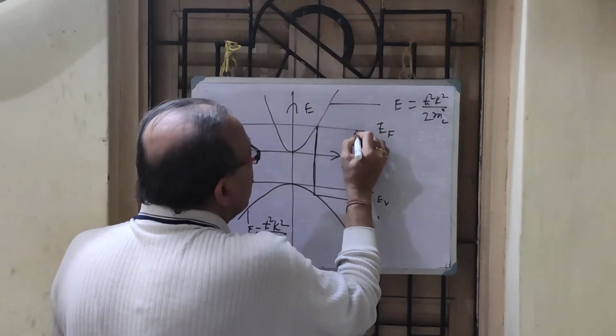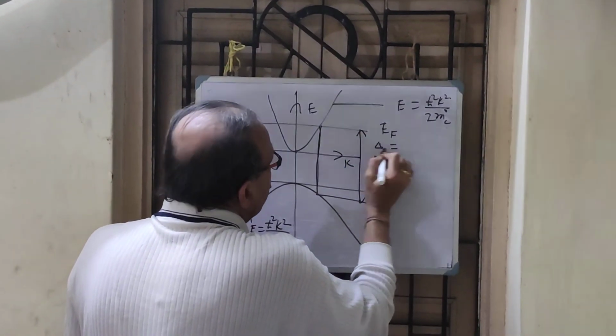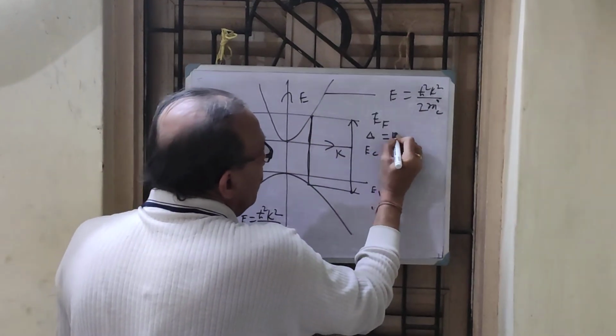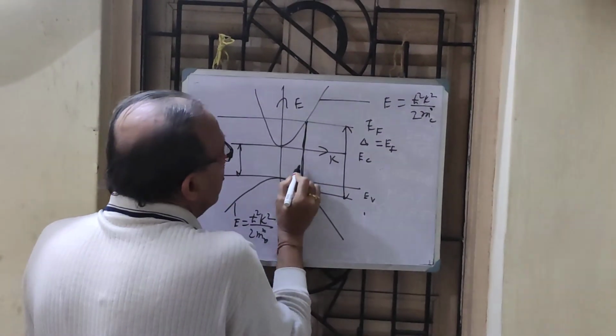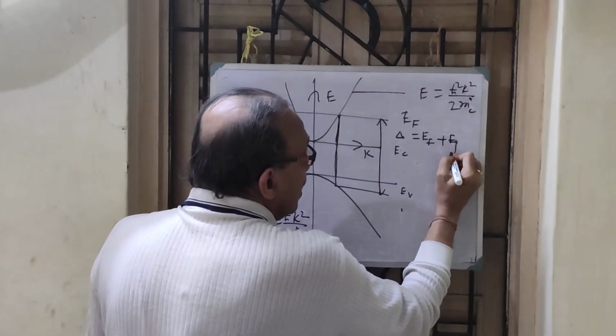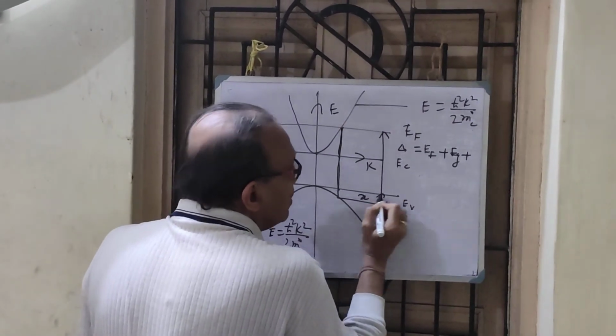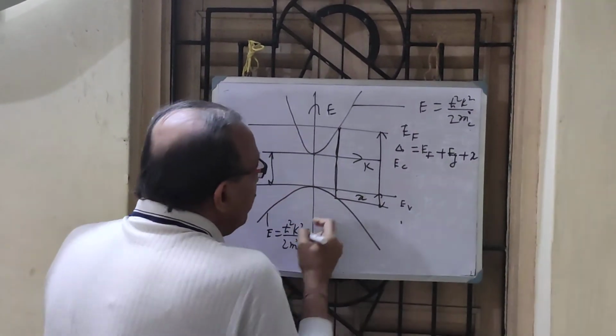This total distance delta equal to this is EF, Fermi energy, plus this is EG, plus this I say X. I have to find out the value of X.